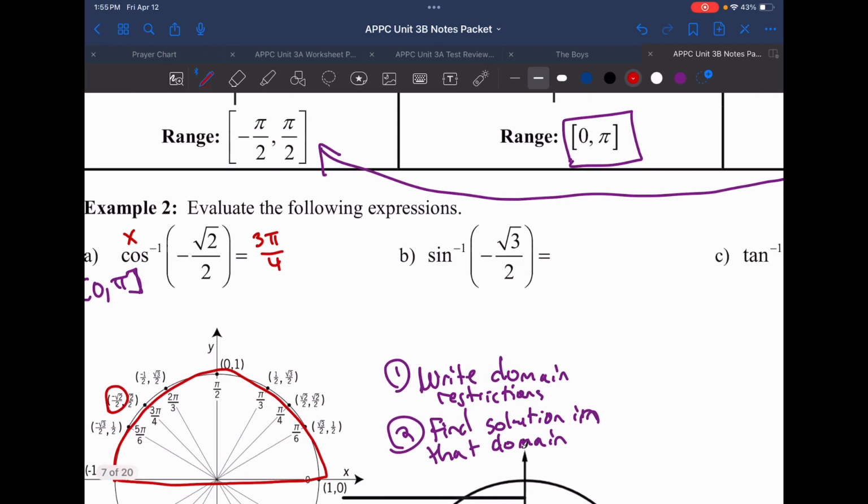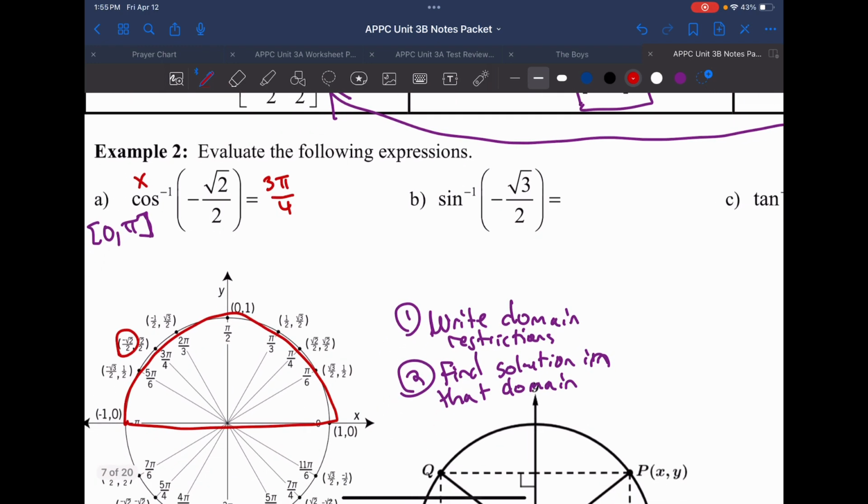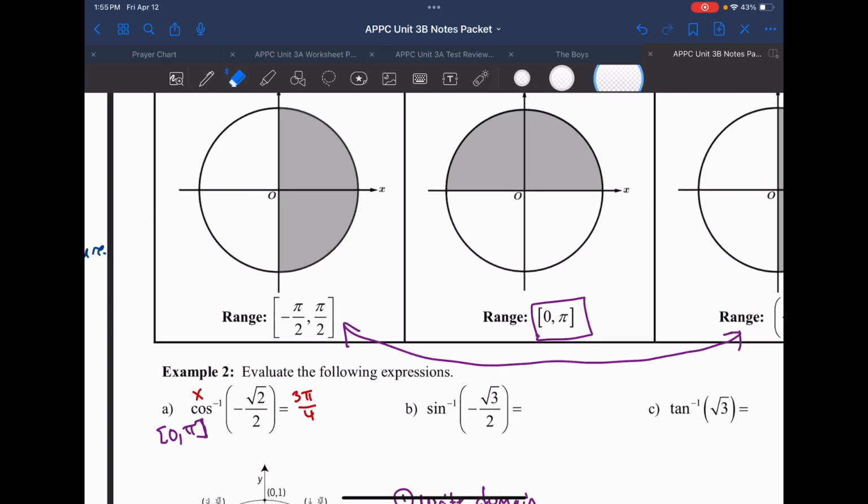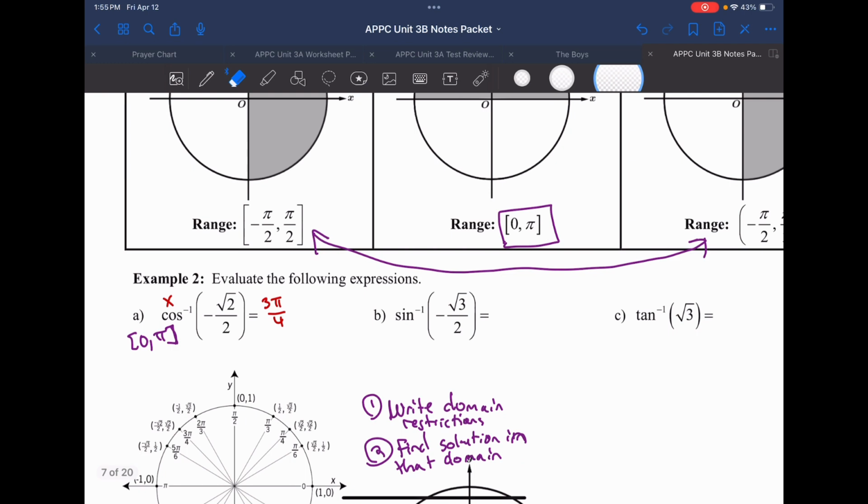Okay. Then B, similar idea, just what my range is is different. So let's see here. For arc sine, my range is restricted from negative pi over 2 to pi over 2. Okay, we're looking from negative pi over 2 to 3 pi over 2.